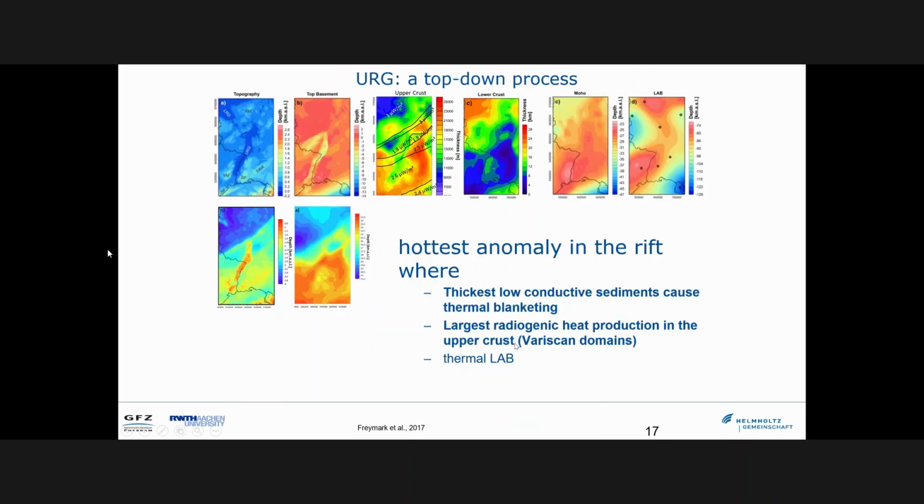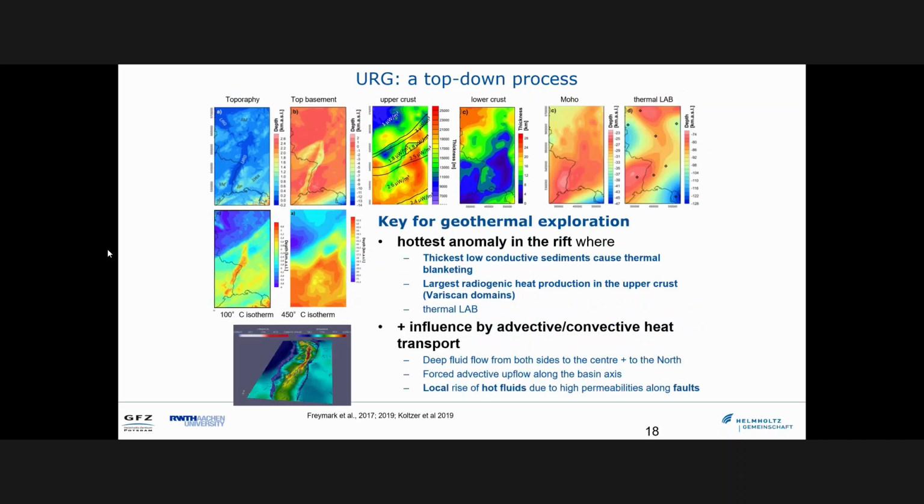So if we summarize the situation, we see that the Upper Rhine Graben is illustrating a top-down process where we have the hottest anomaly in the rift, where we have the thickest sediments, so where thermal blanketing is most pronounced, and where we have the largest radiogenic heat production in the upper crust. The lithosphere-asthenosphere boundary is not so relevant in this case.